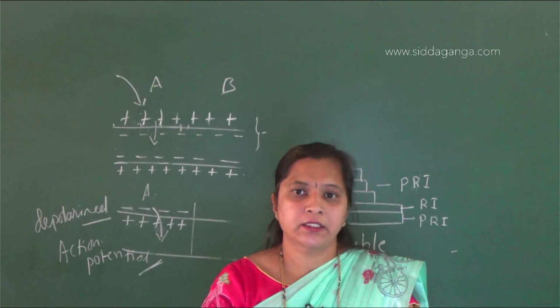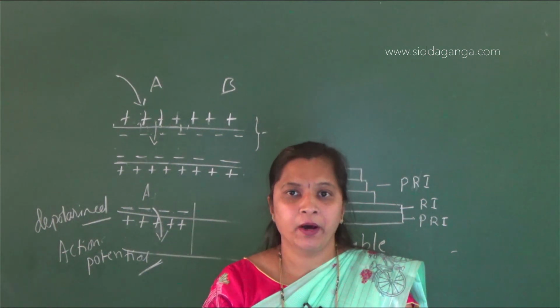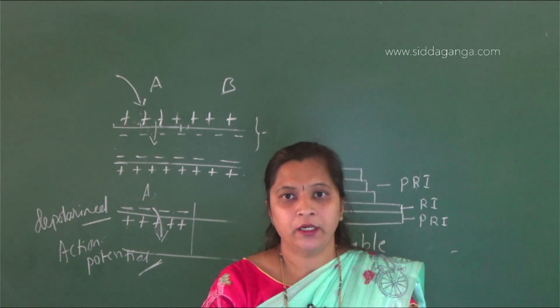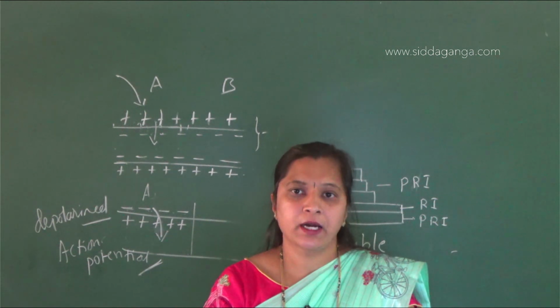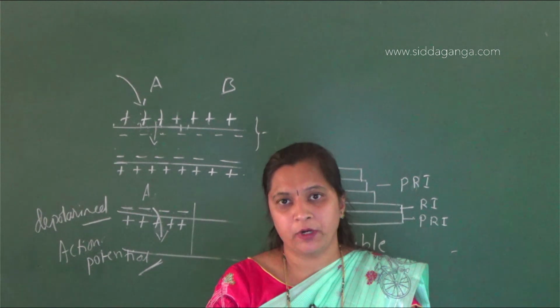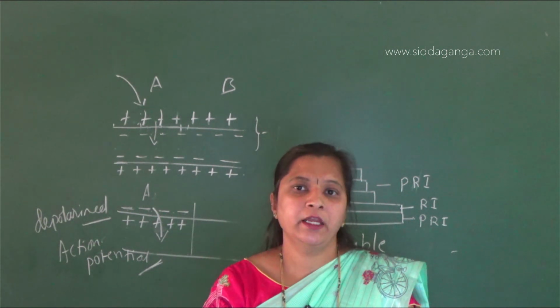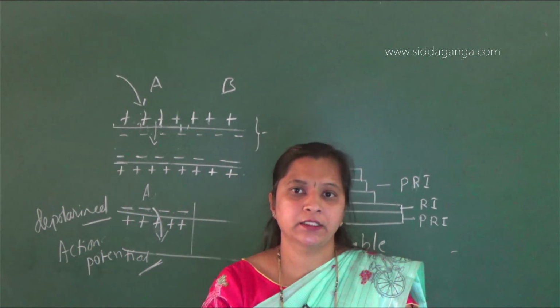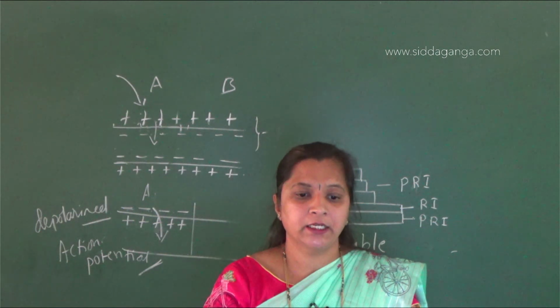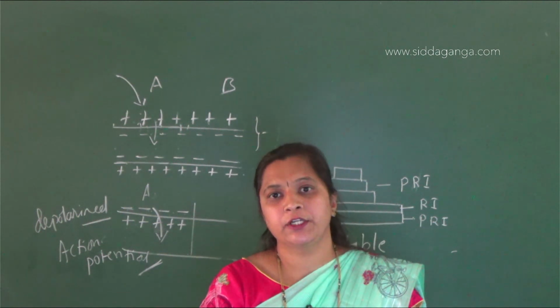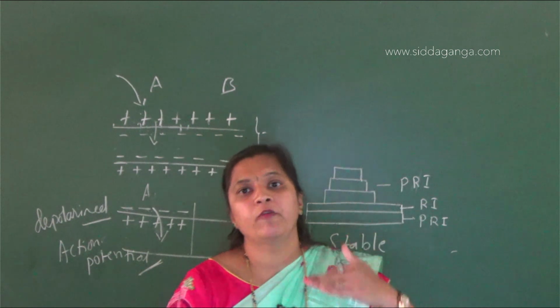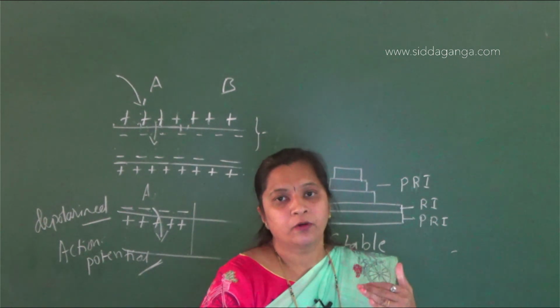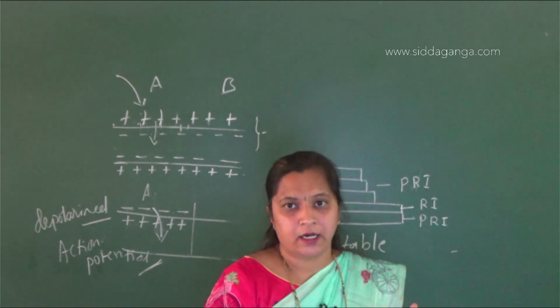Natality is the birth rate, the number of births in the population during a given period, whereas mortality is the number of deaths in the population during a given period. Immigration is the number of individuals that have come into the habitat from somewhere else during the time period under consideration.